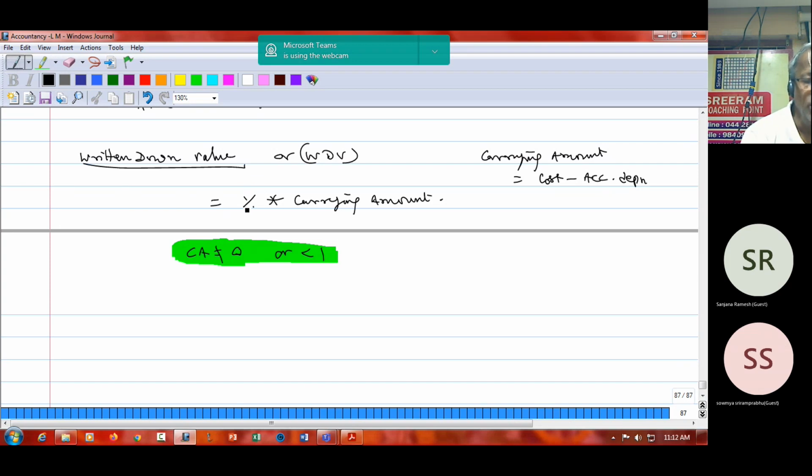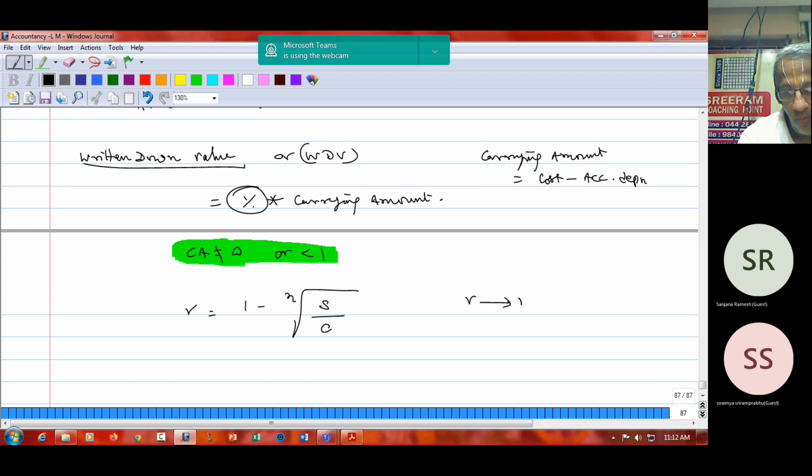Okay. How will this percentage be computed? Now, R is equal to 1 minus the nth root of S divided by C. Have you heard about this? Yes or no? So actually, it's a formula.